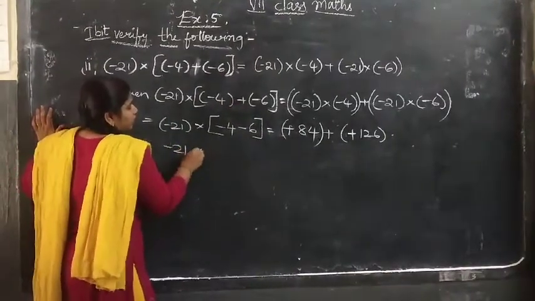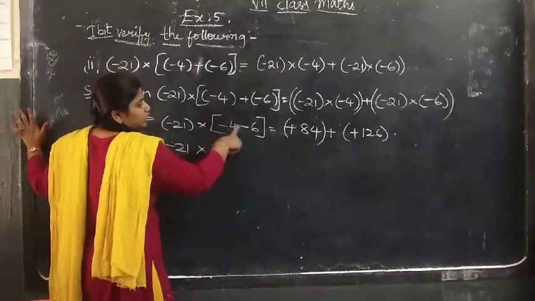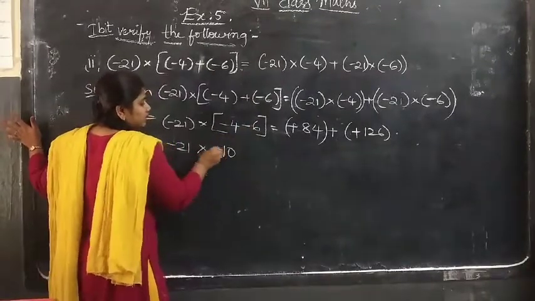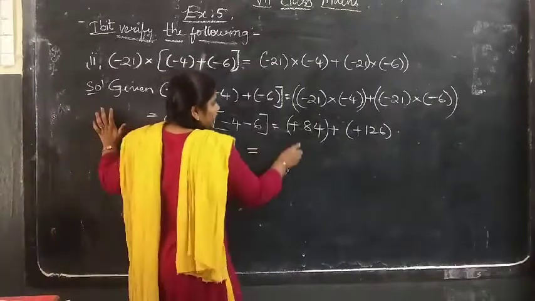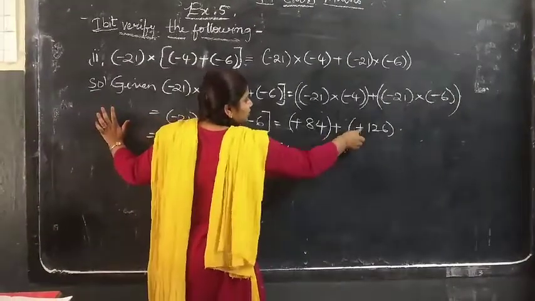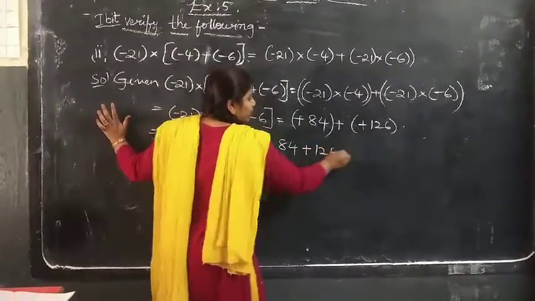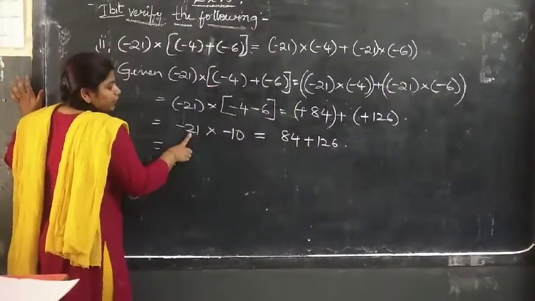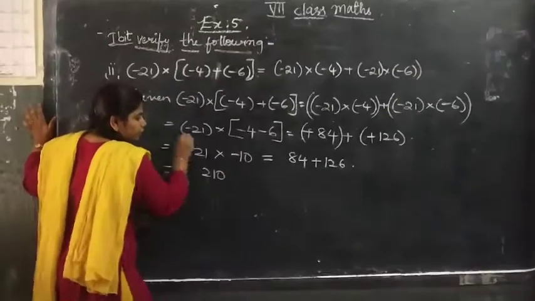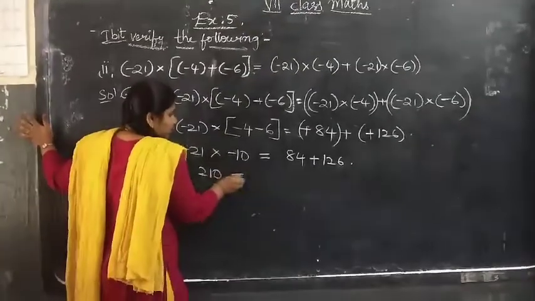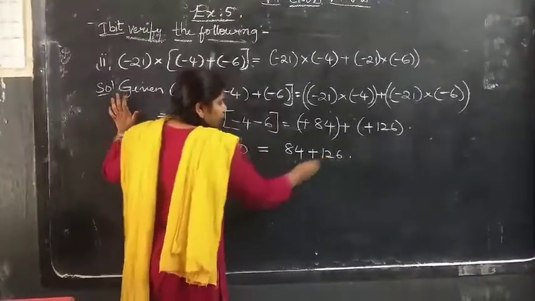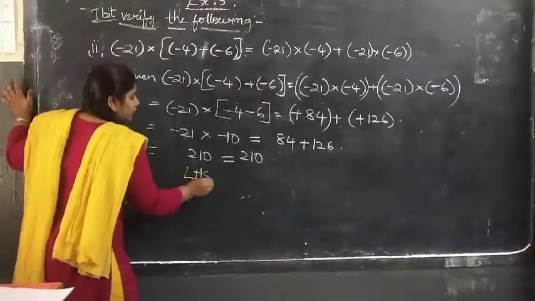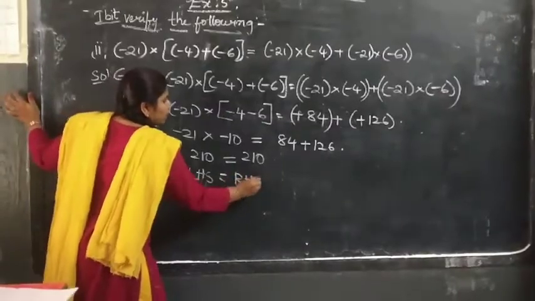Minus 21 into minus 4 minus 6: minus into minus is plus, 6 plus 4 will be 10. If the bigger number has a sign, that will be minus. The same way 84 plus into plus is plus 126. Now you multiply this. Minus into minus is plus, 21 tens is 210, is equal to 84 plus 126, which is also 210. So we have verified that the LHS part is equal to the RHS part.